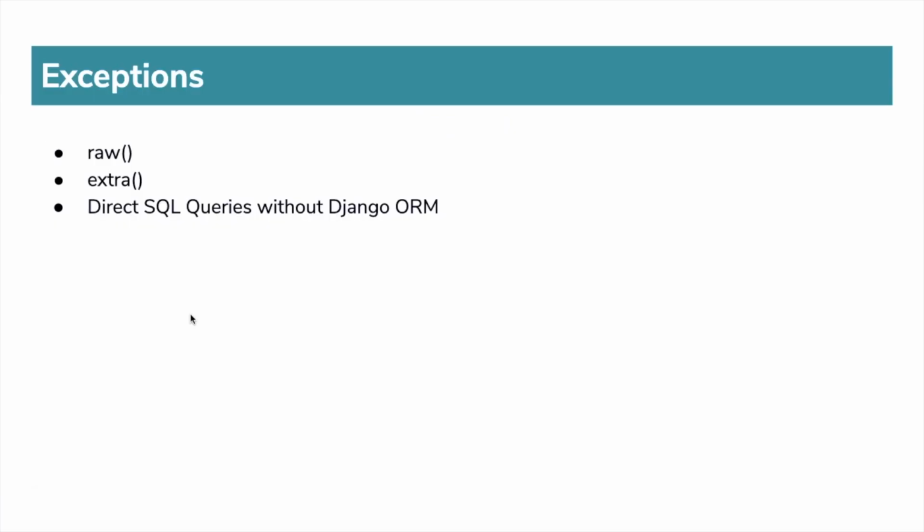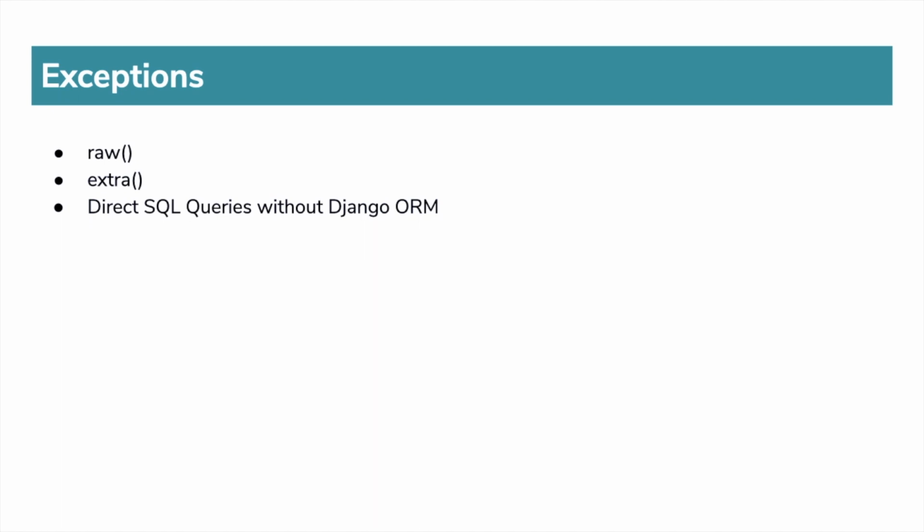There are, however, a few exceptions in Django. When we use Django ORM, in most cases we are protected against SQL injection attacks. However, in the case of two QuerySet APIs, raw and extra, Django has not implemented query parameterization and input escaping.